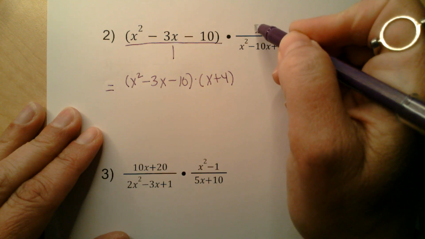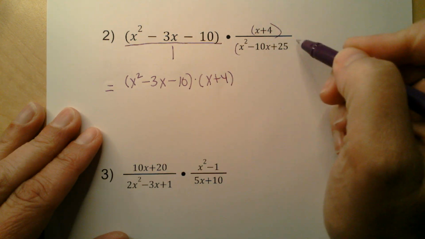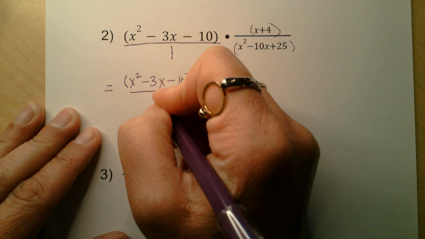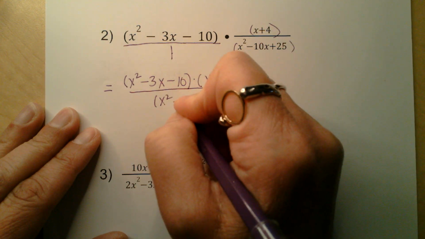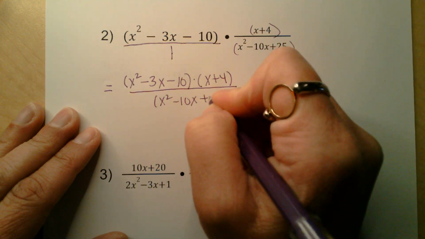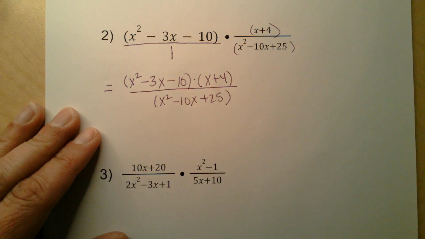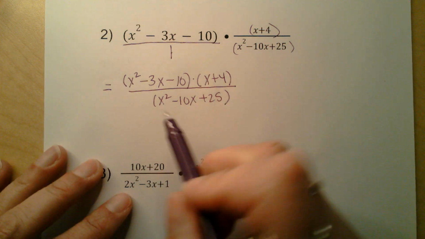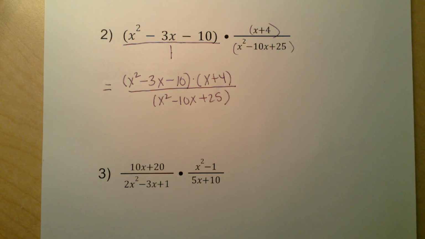When I bring it together, I'm going to put parentheses on everything, all divided by 1 times x squared minus 10x plus 25.